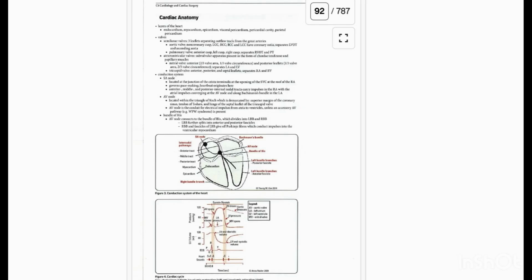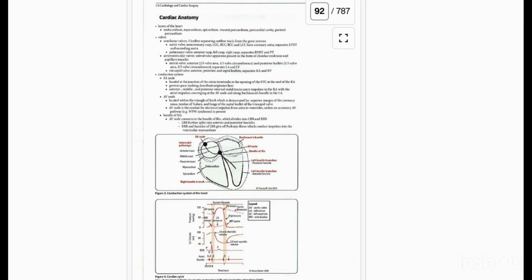When the SA node fires, we see the P wave on the ECG, triggering atrial contraction to top off the ventricle. As the ventricles depolarize, marked by the QRS complex, ventricular pressure sharply rises, causing the mitral valve to close. This creates our first heart sound, S1.